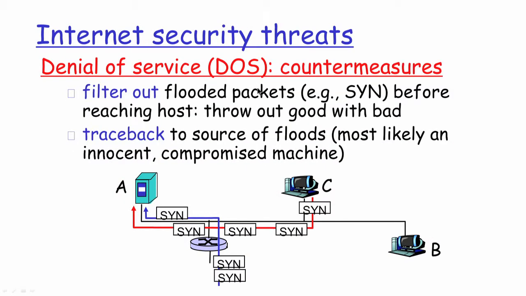So what kind of countermeasures do I really have? The firewalls today have a mechanism to filter out any kind of flooded packets that are coming in beyond a particular threshold level, right. All this is configurable at the firewall device, where I will say that if, within a particular duration of time, I get the same type of packets, I will block that particular IP address for a certain period of time, right.